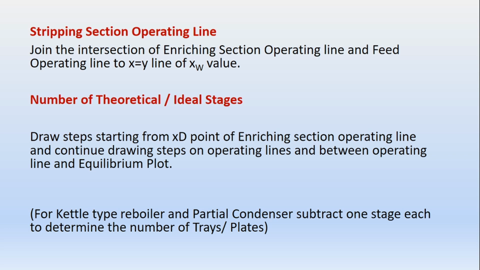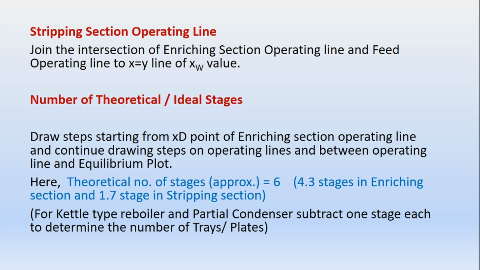We have the equilibrium plot. We can draw the stages, the steps, starting from the xt point on the enriching section and continue drawing these steps between the operating line and the equilibrium plot. So in this problem, the theoretical number of stages comes out to be approximately 6.